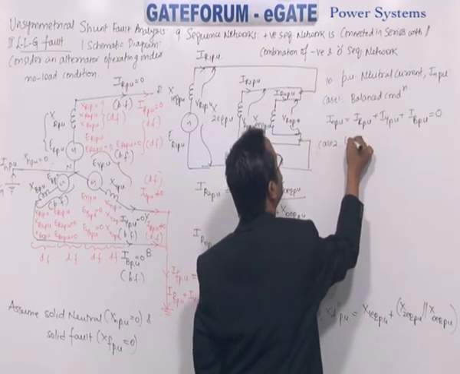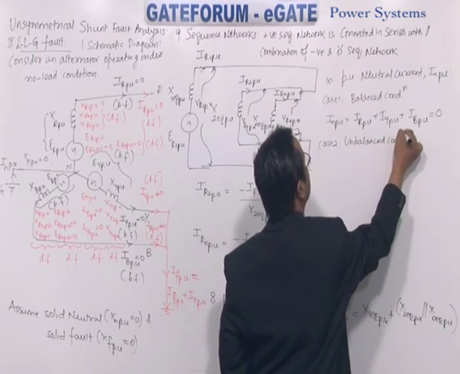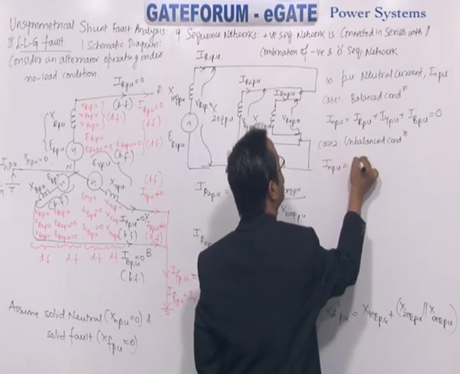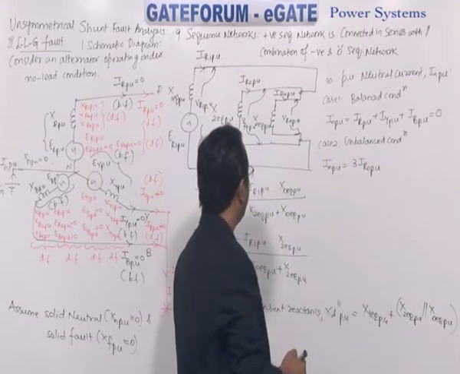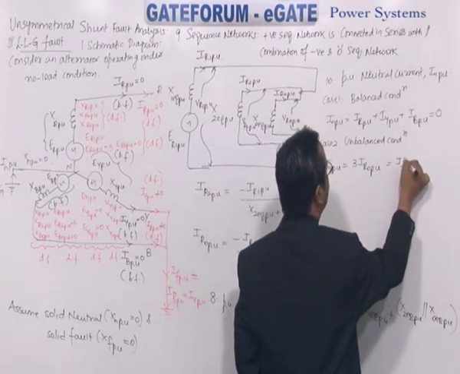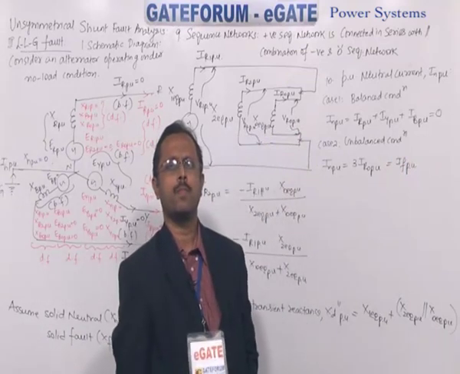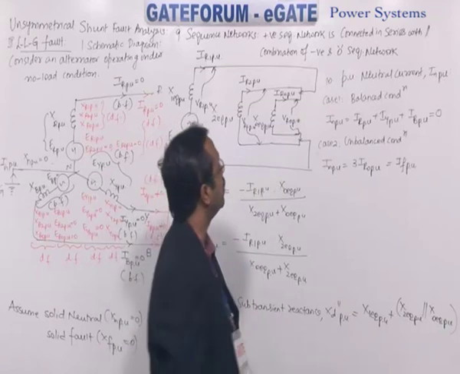Now we check case 2, unbalanced conditions. What is IN per unit? We write 3 IR naught per unit. And this 3 IR naught per unit you can also write as IF per unit.